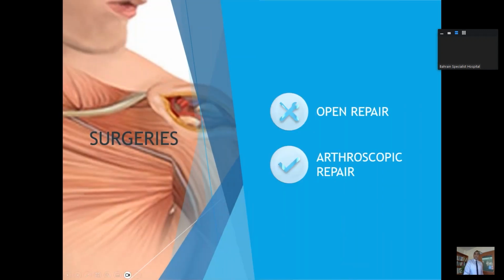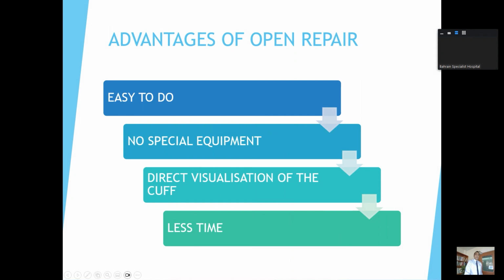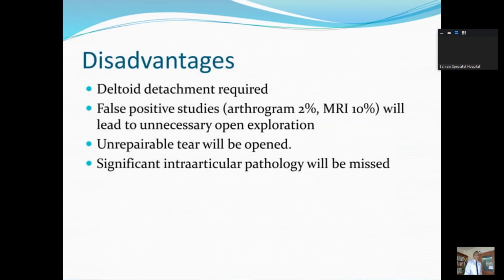So what are the surgeries in rotator cuff tear? We can do an open repair or we can do an arthroscopic repair. The advantages of open repair are it is easy to do, no special equipment is required, there is direct visualization of the rotator cuff, and it takes less time. The disadvantages are it requires detachment of the deltoid.